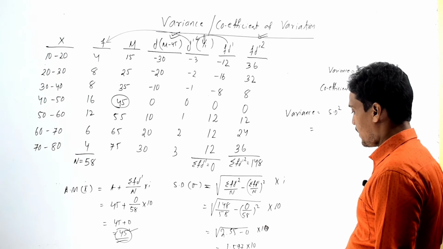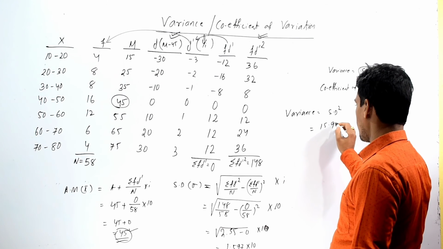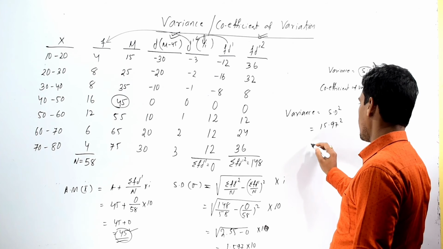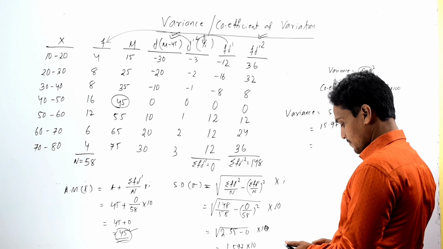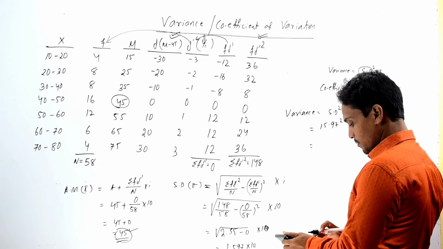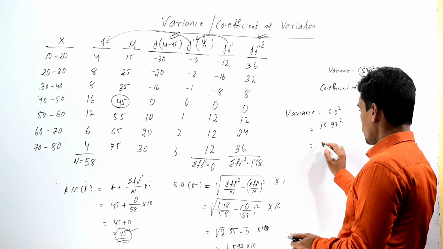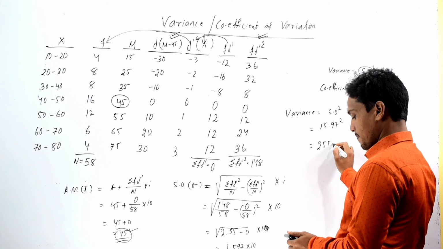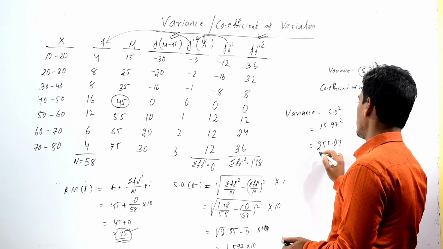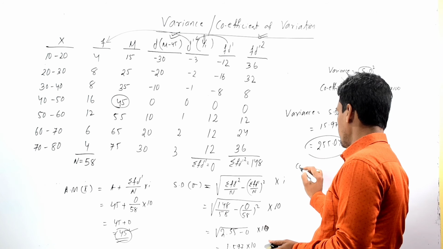The value of the standard deviation is 15.97, squared, that is 15.97 into 15.97 equals 255.04.